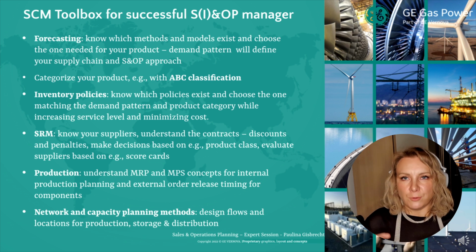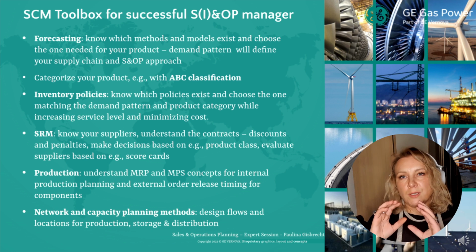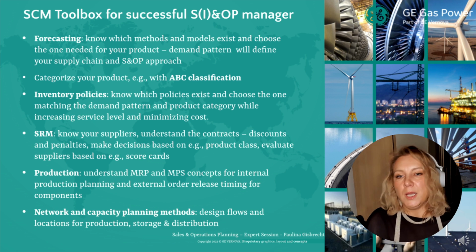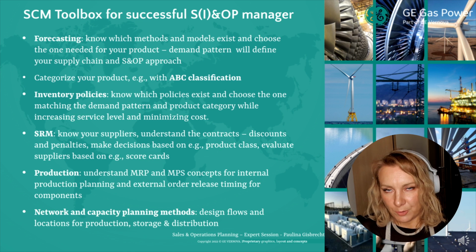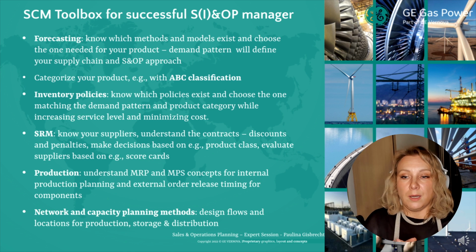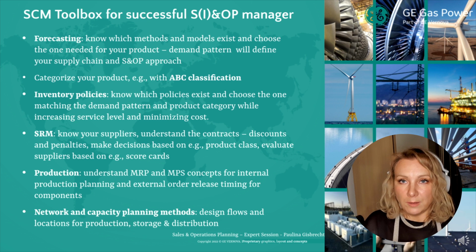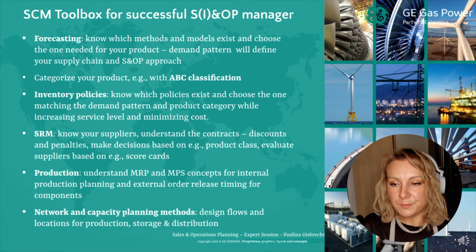Mostly you will have to do something with production, so you need to understand material requirement planning concepts and the master and production scheduling processes and methods. No way to come around it.